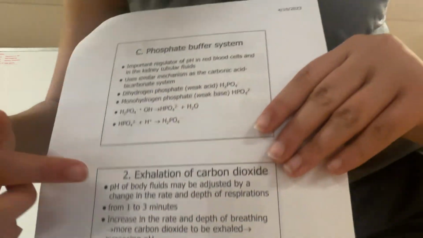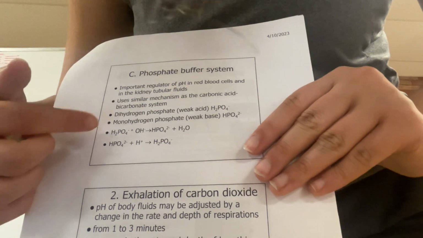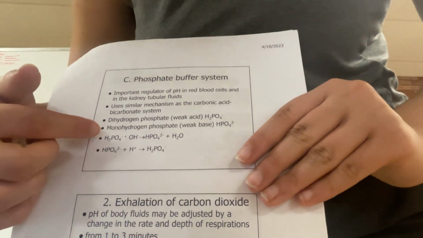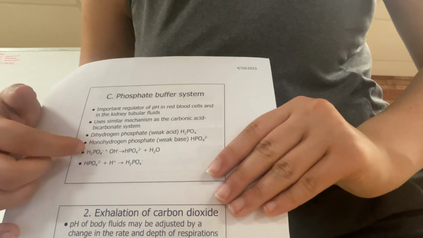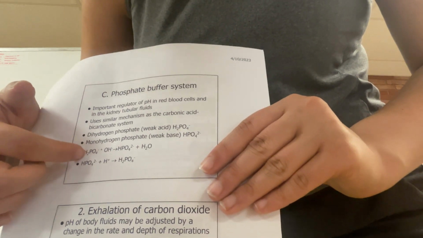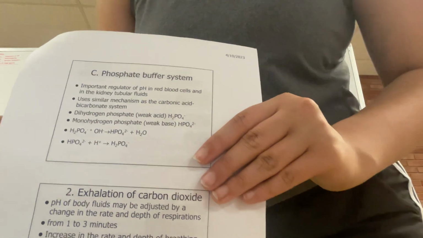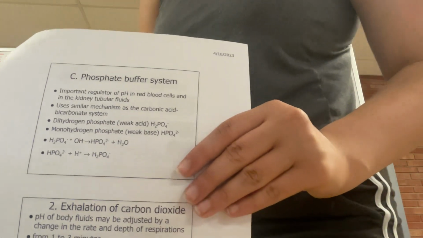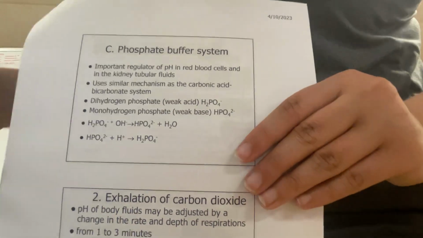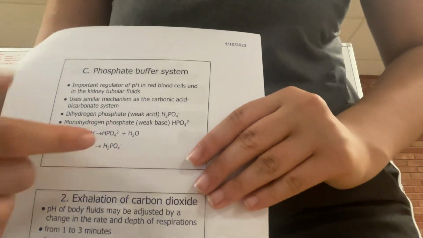Again, these are able to be broken up. So a weak acid, our dihydrogen phosphate, mixes with hydroxide, OH.